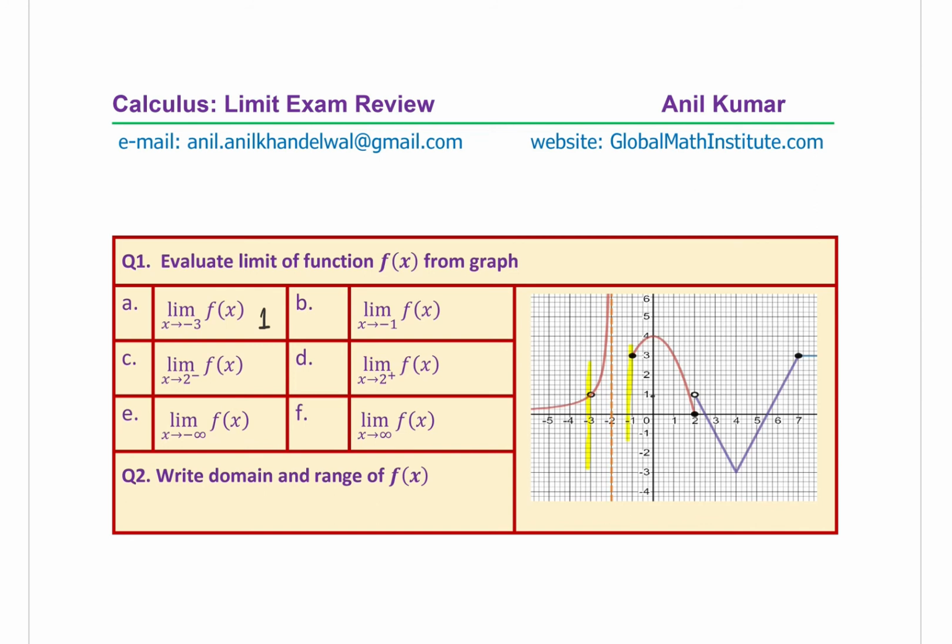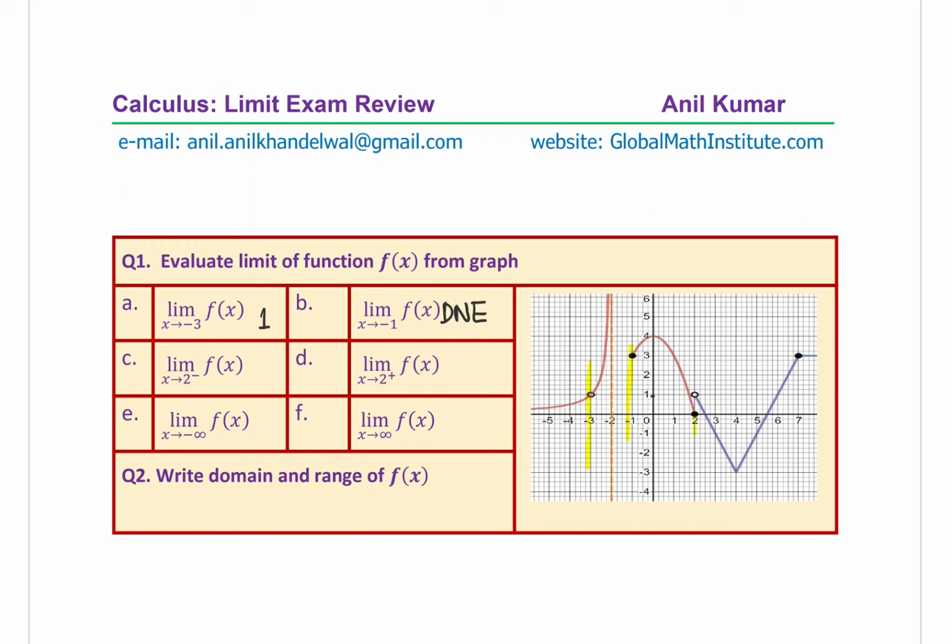Now here you notice that from the left side you cannot approach. From the right side you are approaching a value of 3. So it does not exist. Since this value cannot be approached from the left side, you should be in a position to approach from both the sides.